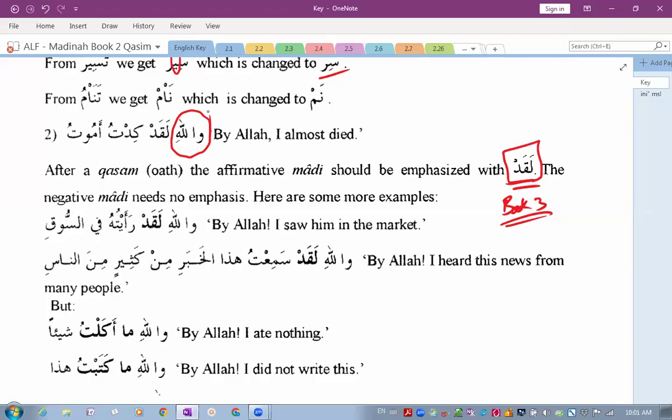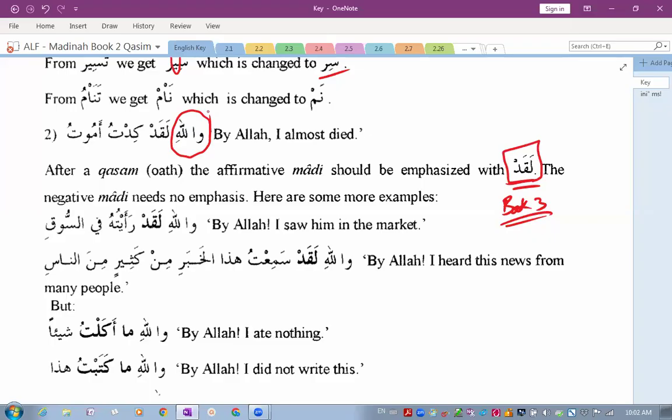What does laqad in itself mean, brother? Qad is known as harfu tahqiq. Tahqiq means haq, so you are emphasizing that what you are stating is haq, as true and certain as seeing it with your own eyes.